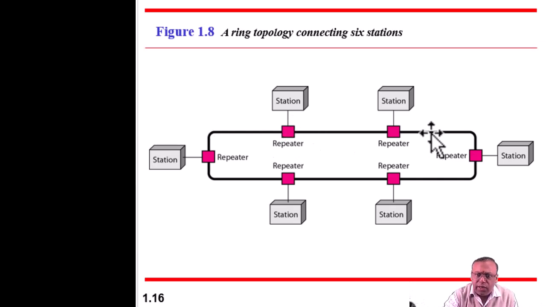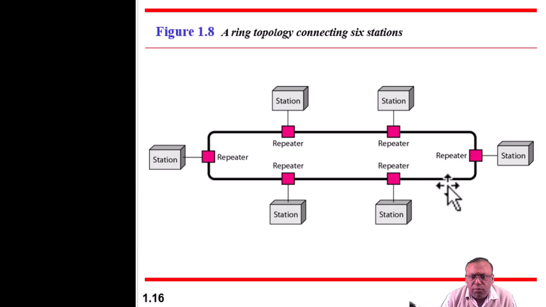Scalability is again easy. You just insert a system in between anywhere, and it needs just 2 more cables and 2 more connectors. That is the only requirement, and you can transfer the data from one place to another.